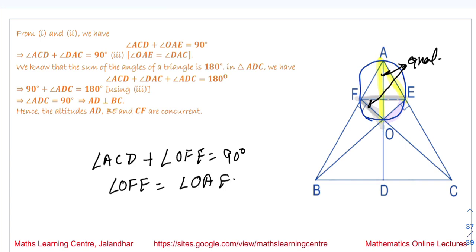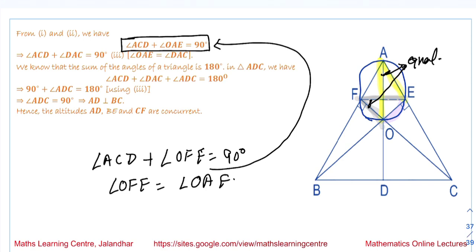We are getting that angle ACD plus angle OAE, after replacing this value over here, is 90 degrees. So angle ACD is this angle over here, and angle DAC is this angle over here, and the sum of both these angles is 90 degrees.